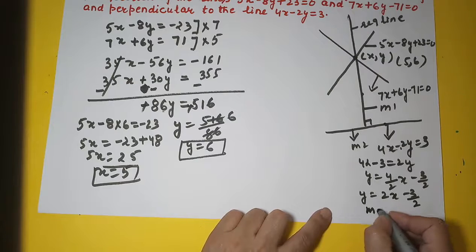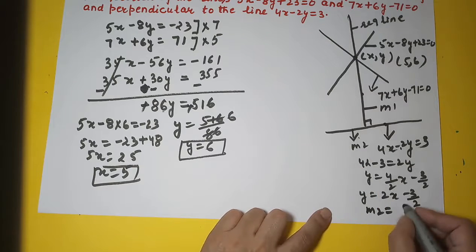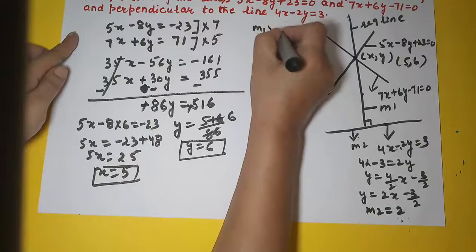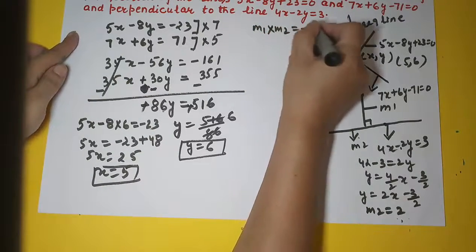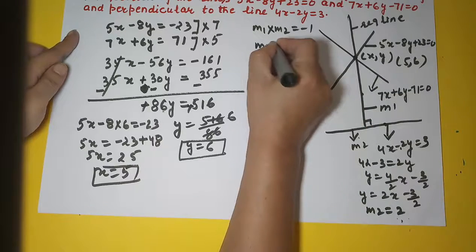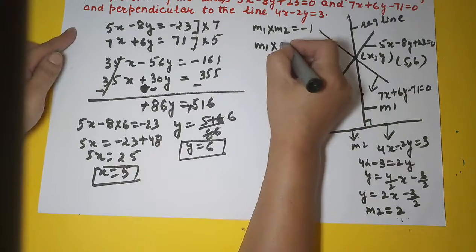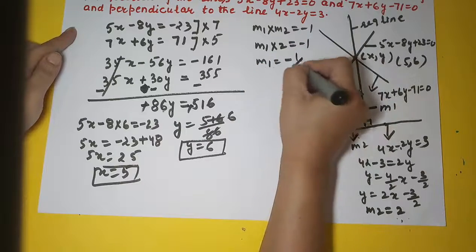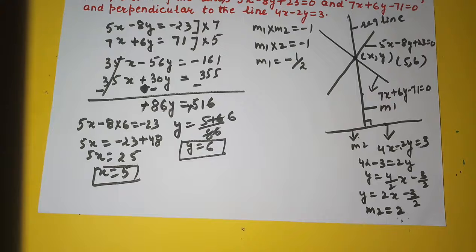So you got m2 as 2, right? The slope of the given line is m2, that is 2. But we know that m1 into m2 is equal to minus 1. Why? Because they are perpendicular to each other. So m1 into 2 is equal to minus 1. So the slope of the required line is minus 1 by 2.